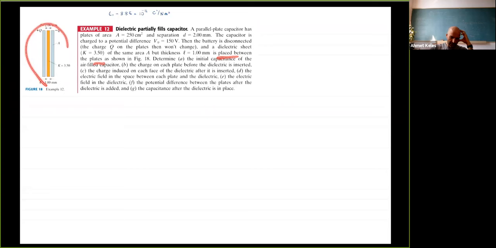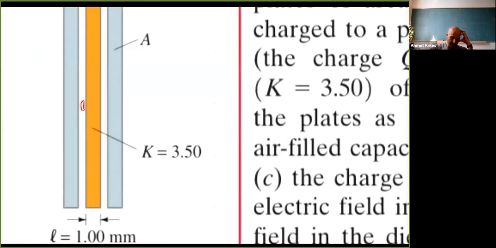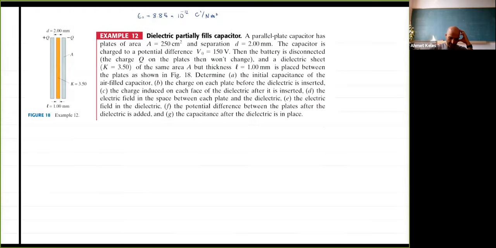We would like to determine A, the initial capacitance of the air-filled capacitor, and B, the charge on each plate before the dielectric is inserted. C, the charge induced on each face of the dielectric after it is inserted. And D, the electric field in the space between each plate and the dielectric. Now, there's some space here and we want to find the electric field there.